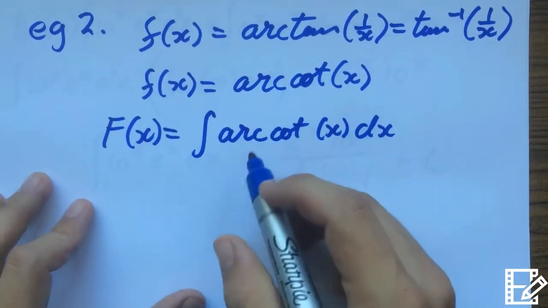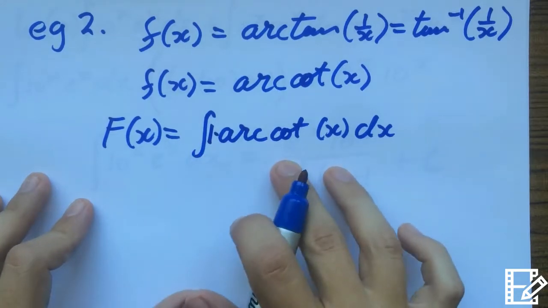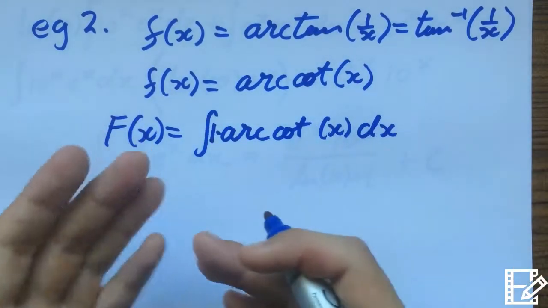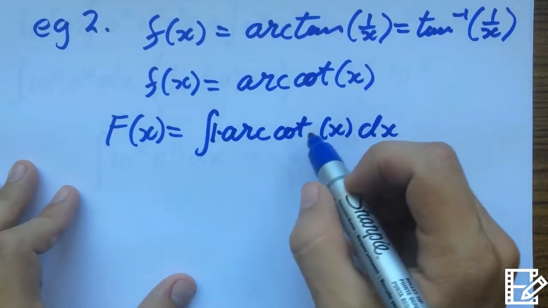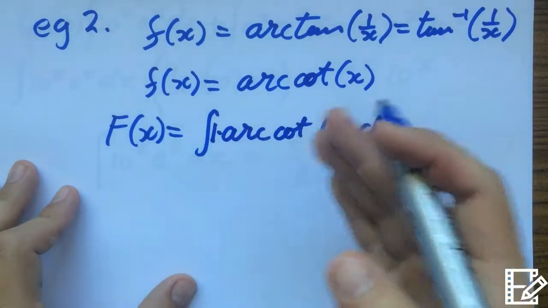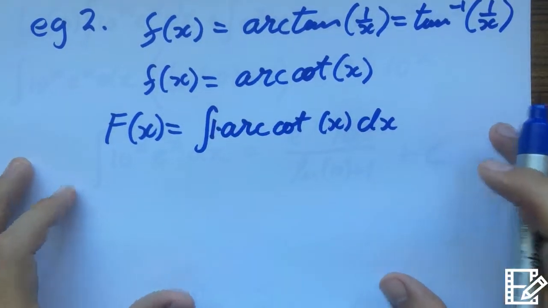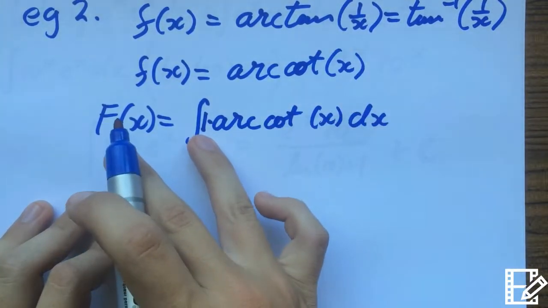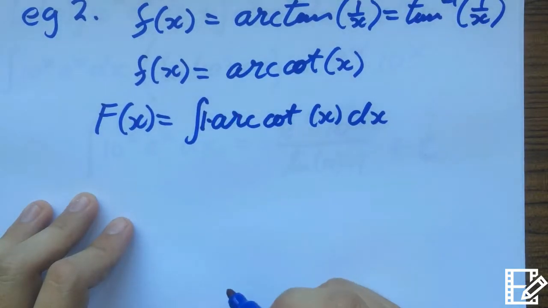We imagine that there's a 1 multiplied in, and essentially there is, because 1 multiplied by anything gives anything. So 1 multiplied by arccot of x is the same as arccot of x, but we bring that 1 in because how else are we going to solve this? We're going to solve this by parts, because we're going to say that 1 is one function and arccot of x is another function.